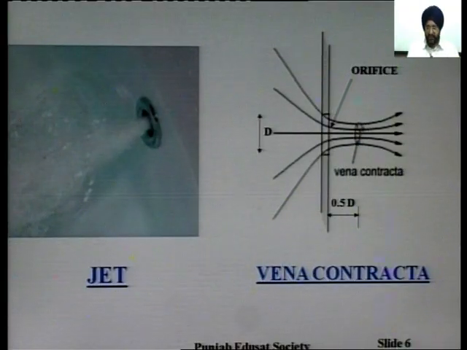So, this is what we call vena contracta, and it is forming at a distance of 0.5 capital D from this wall of the tank. Now, what is this D? D is the diameter of this orifice, this opening. So, it will be at a distance of nearly half of this diameter. So, it must be clear from this diagram what exactly the vena contracta is.